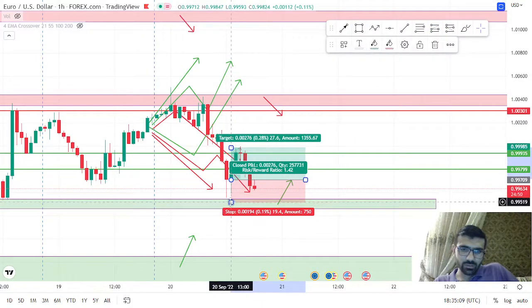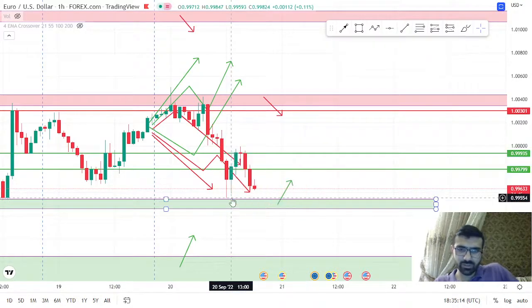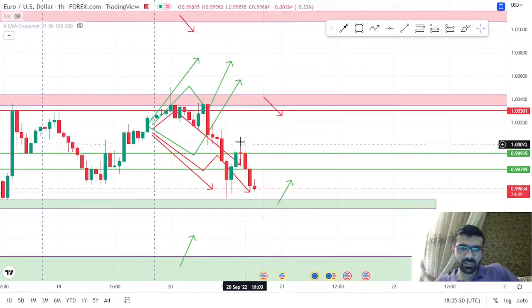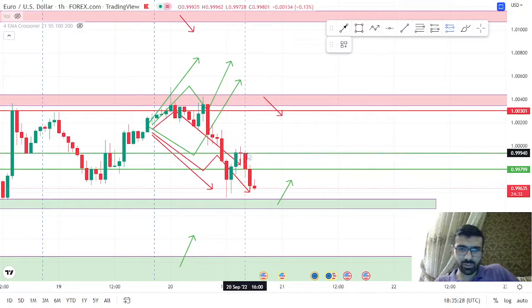Okay, so our take profit would be approximately 1.7% from here. Okay, so now you guys can clearly see that market is rejecting these areas of the previous support. They are acting as brilliant resistances, so you guys could easily go short from here.